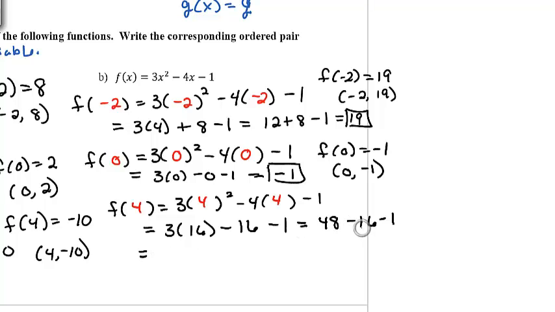And 48 minus 16 is 32, and 32 minus 1 is 31. And so this means that f of 4 equals 31, and it's the ordered pair 4, 31.